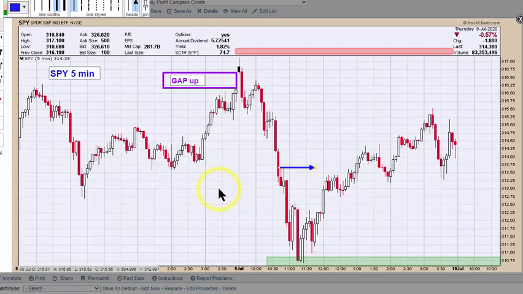Okay? I'm not nervous. I'm following the methodology. I've moved my stop 3 times down to this swing high. We get a big red candle, another red candle, and a reversal, and another swing high. I move my stop down.